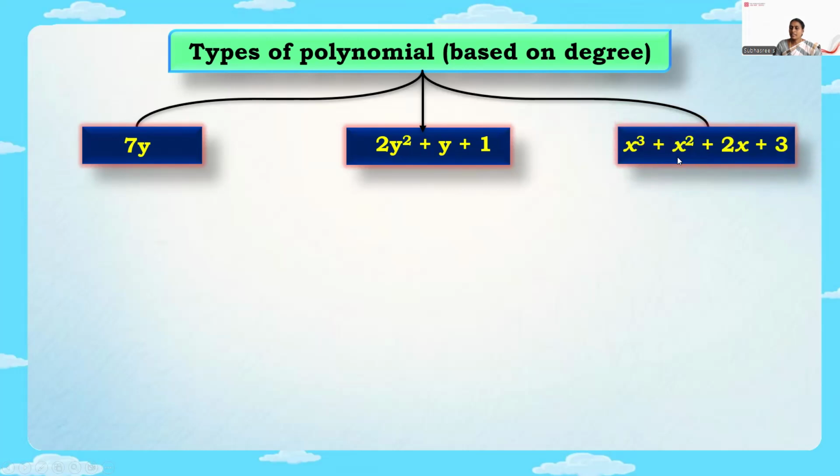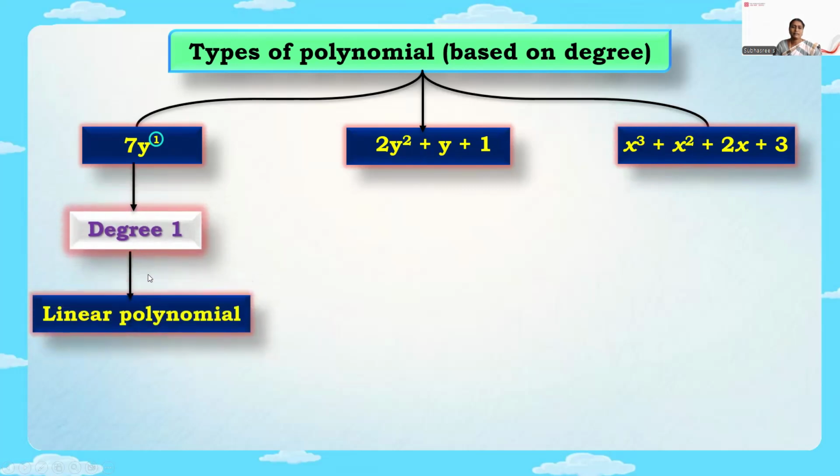X cube plus x square plus 2x plus 3. From this equation, it is having the power 1. Here, power 1. So we name it as degree 1. I told you already. What is the name? Linear polynomial. When the equation carries the degree 1, it is called as linear polynomial.